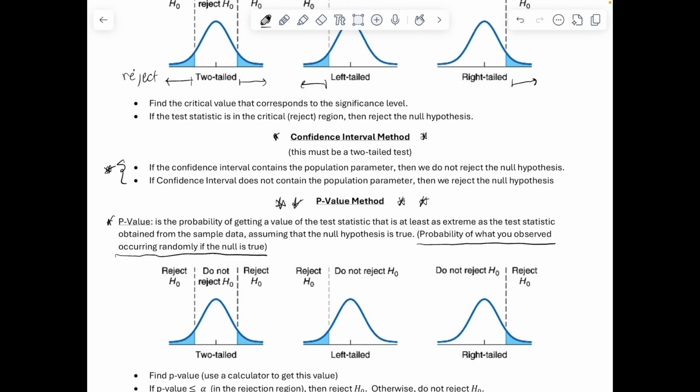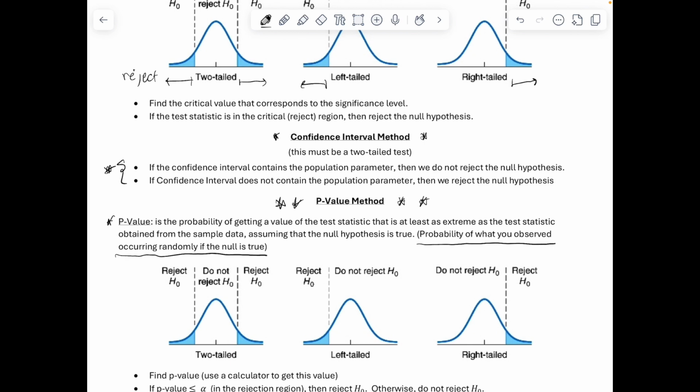A way to think about it is if you had a fair coin and you flipped it, let's say 10 times, and you got all heads, that probability is going to be really small. The likelihood of that occurring is really small if that is a fair coin. So that p-value would be really small.